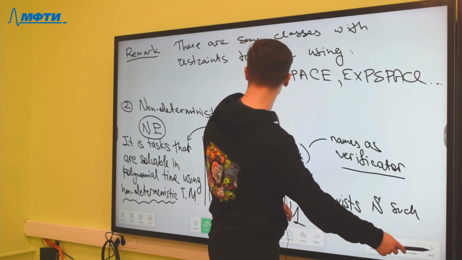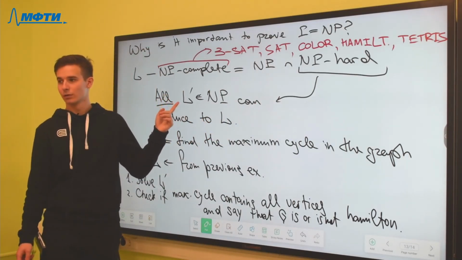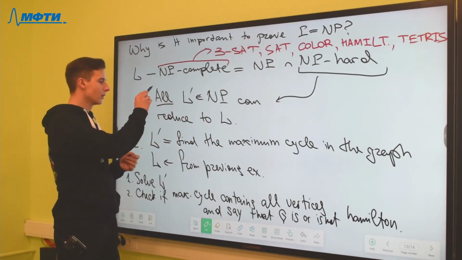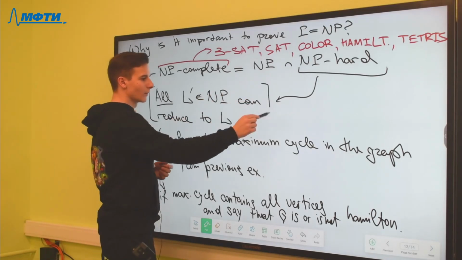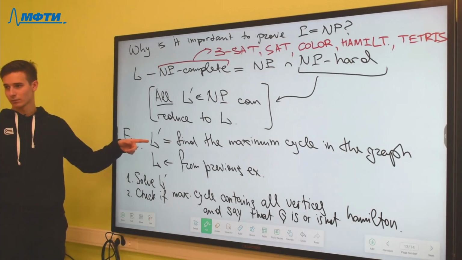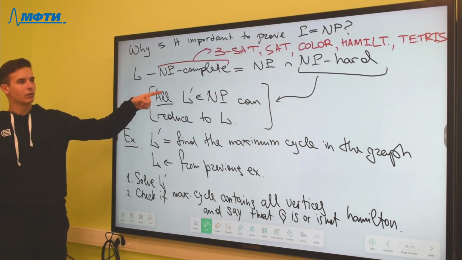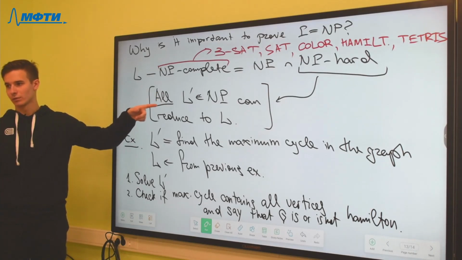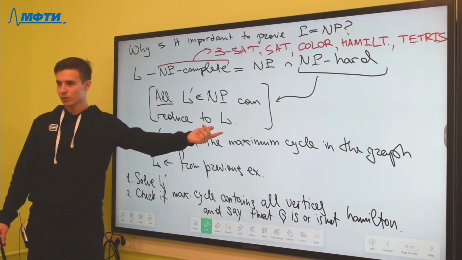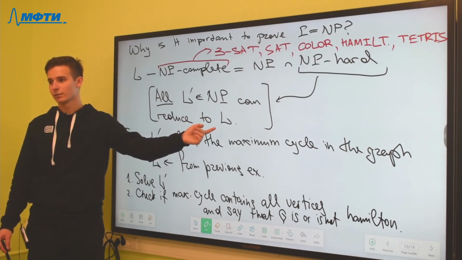What is NP hard? Okay. For example, you can reduce some tasks to other tasks. And if you can reduce all the tasks from NP to one task L, we say that this task is an NP hard task.